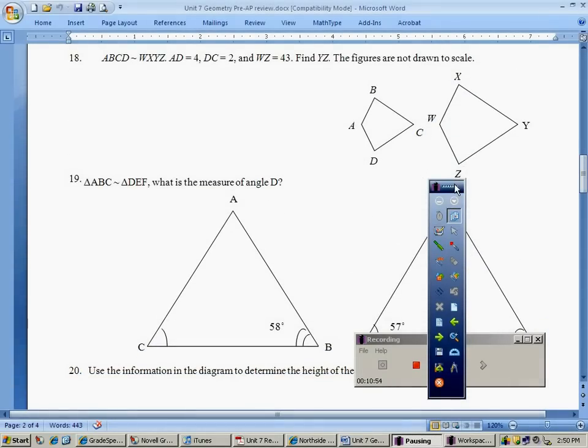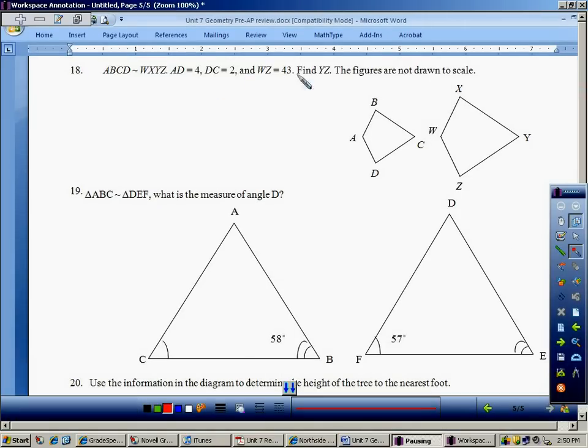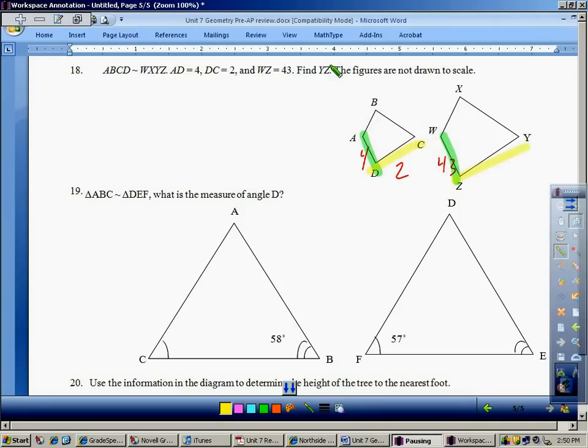In 18, if I label the sides, DC is 2, WZ is 43, and AD is 4, then I compare the corresponding parts. AD to WZ, DC, and I can find ZY, or YZ.